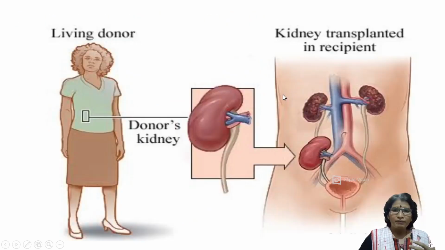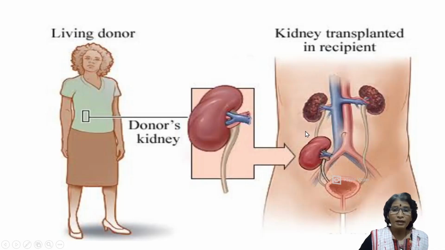When the patient has been given this medicine cyclosporin A, within 6 to 12 months his body accepts the newly transplanted kidney, and at the same time he has to follow proper hygiene. Otherwise, by using cyclosporin A, his body doesn't have an immune system.